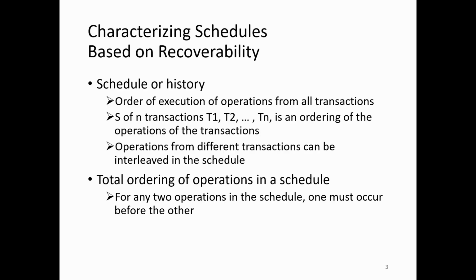What is a schedule or history? When there are several transactions executing concurrently in an interleaved fashion, the order of execution of the operations from the various transactions is known as a schedule.